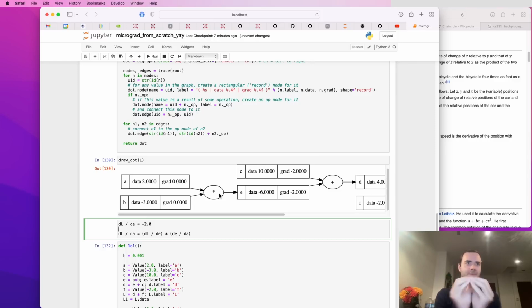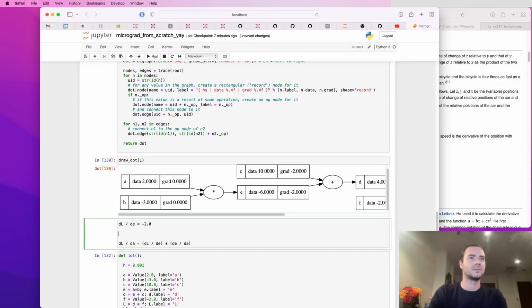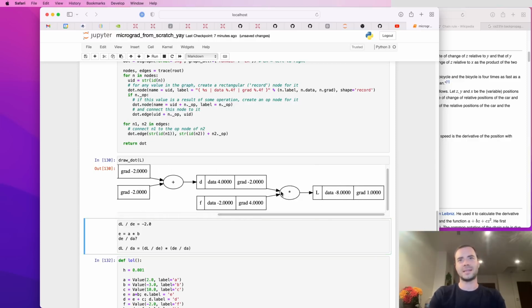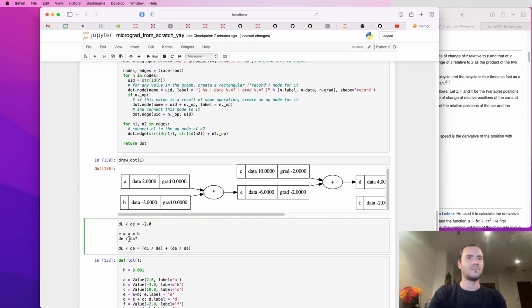That's my local gradient. So because we have that E is A times B, we're asking what is dE by dA? And of course we just did that here. I'm not going to rederive it, but if you differentiate this with respect to A, you'll just get B, the value of B, which in this case is negative 3.0.